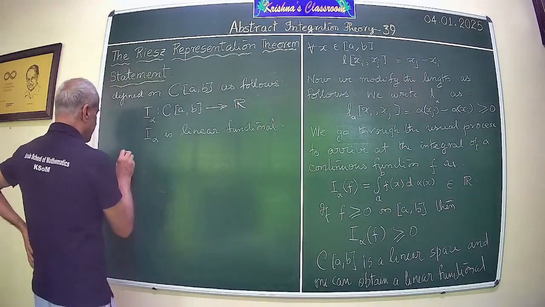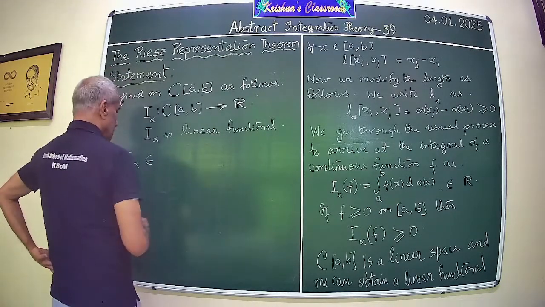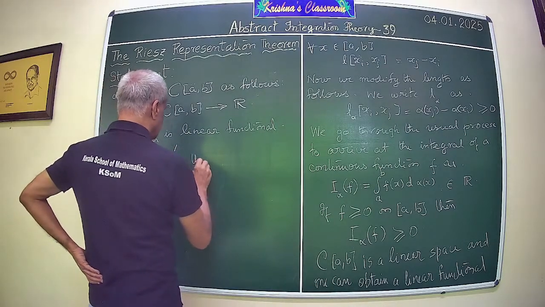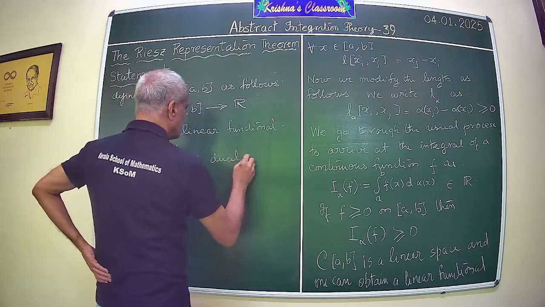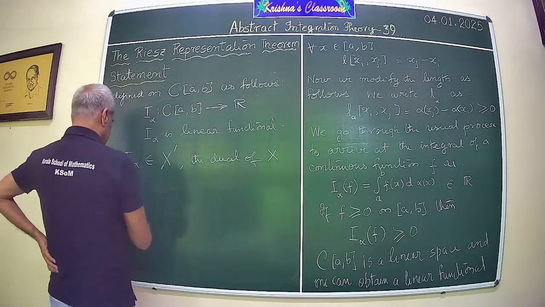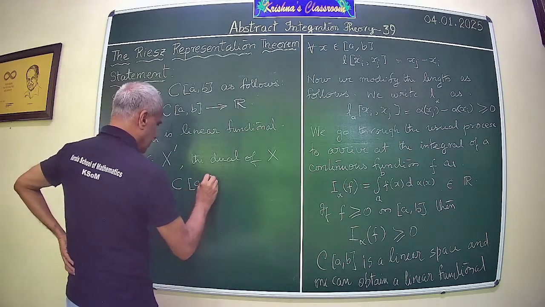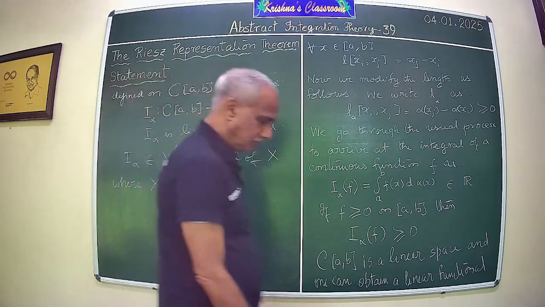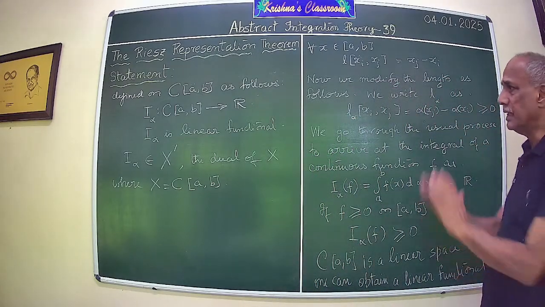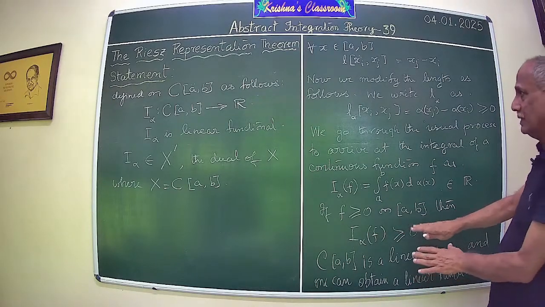So I alpha belongs to C(X) prime, the dual space of X. So it's a linear function. Now you are doing a very versatile thing.